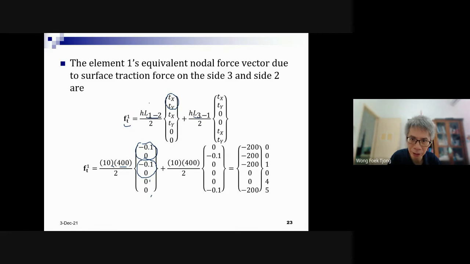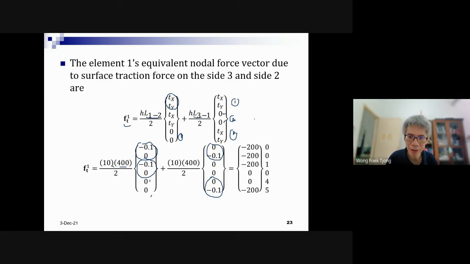So this is 0 minus 0.1. And this one, right? But this is 0, because this is 1, 2, 3. This is side 3, 1. So side 3, 1, the side 2 is 0 always, okay? It's the same as this. This is side 1, 2. 1, 2 is 3 is 0, okay?